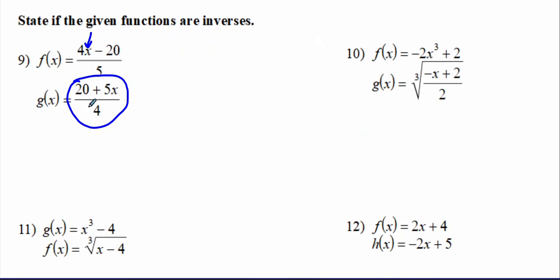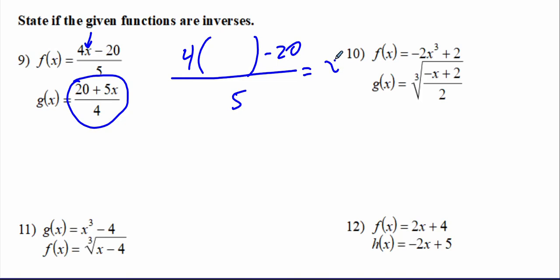So let's do it. I'm going to take 4 times something, this complicated business, minus 20, divided by 5, and I am anticipating I'd like to get x back. If everything simplifies and cancels to become just x, then yes, they are inverses. Let's plug this into the letter x. So this is 20 plus 5x divided by 4.